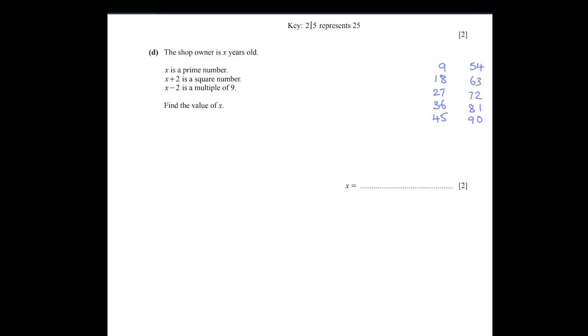Now when I check here, taking the numbers, 9 minus 2 is 7. 7 is a prime number. The number minus 2 is a multiple of 9, so I have to add 2 here. 9 plus 2 is 11. 11 is a prime number.